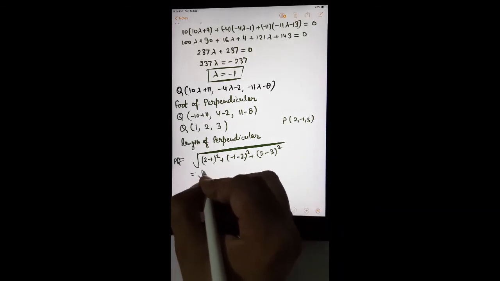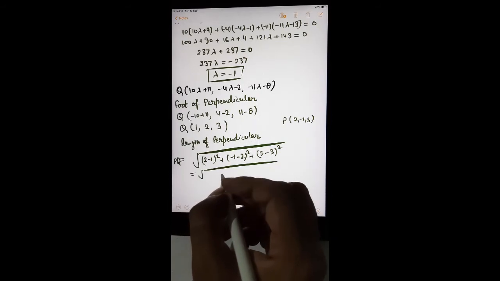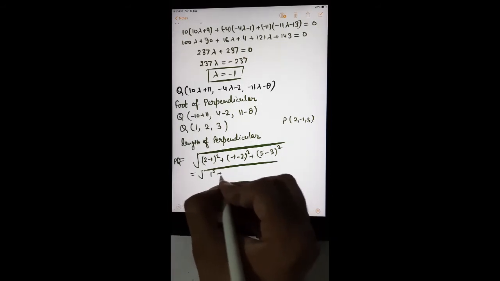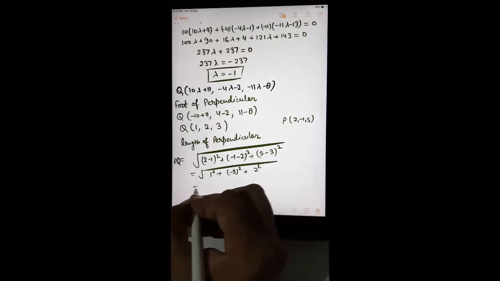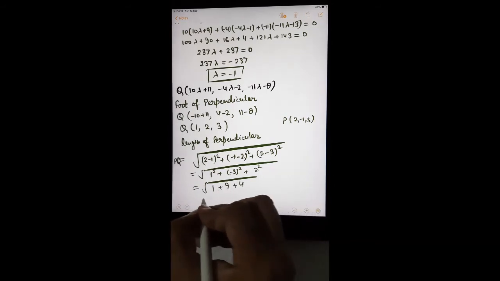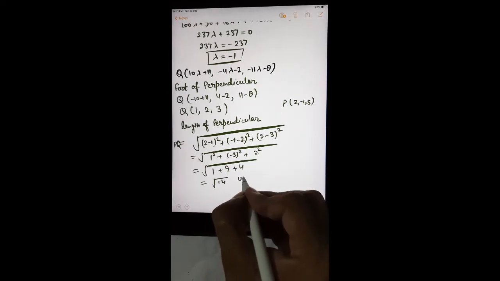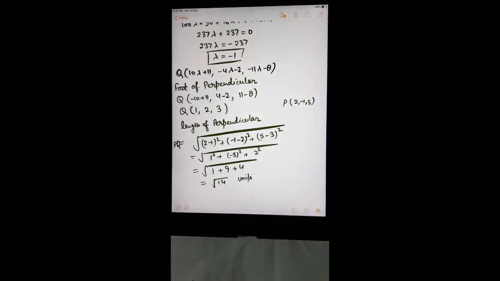Using the formula x2 minus x1 whole square plus y2 minus y1 whole square plus z2 minus z1 whole square within square root, we get 1 square plus minus 3 square plus 2 square. So we get 1 plus 9 plus 4, under root 14. So this is the length of the point P from the foot of the perpendicular.